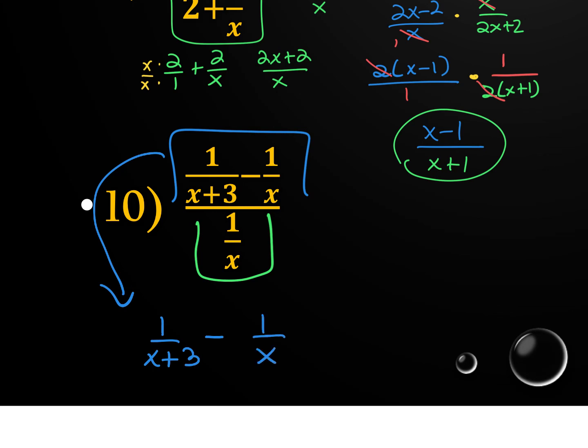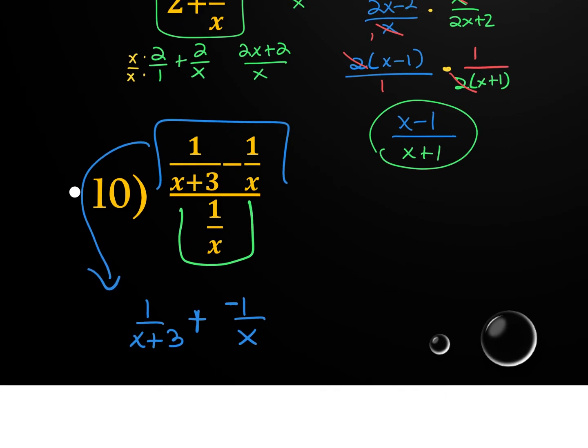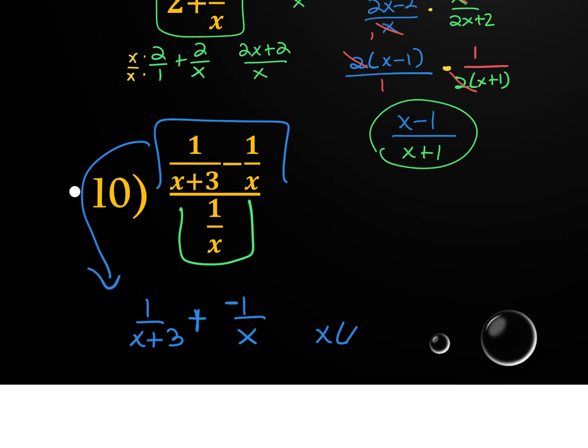Now, what I'd like to do is I'm going to do a keep, flip, change here, and I'm going to change this to addition and make that 1 negative. It's just going to make things a little easier for me. So now my common denominator is going to be both. It's going to be the x times the x plus 3. So over here, the first fraction is missing an x.